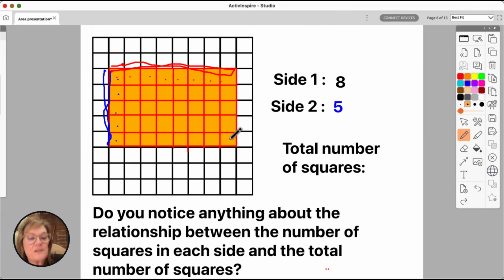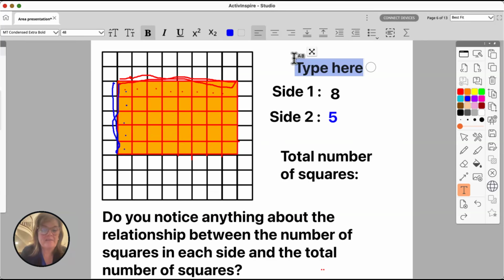So what do we notice? That we have a total of 40 squares. And what is the relationship between 40, 8, and 5? Right, multiplication. We know that 5 times 8 equals 40. So we have 5 rows of 8.